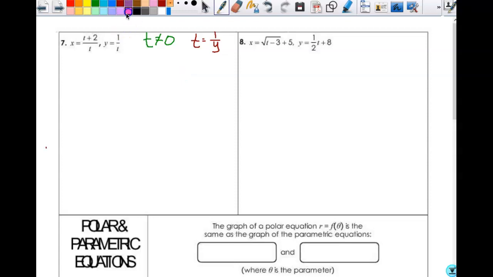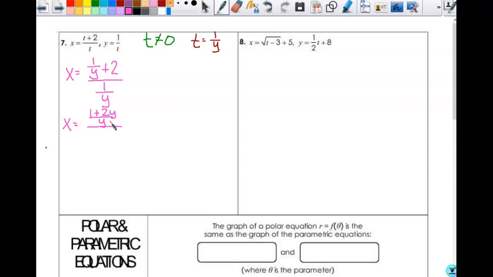So then I substitute that in, and I'm going to get x equals (1/y plus 2) over 1/y. So I need a common denominator in my numerator. The common denominator in the numerator is going to be y, right? So this would end up being 1 plus 2y.